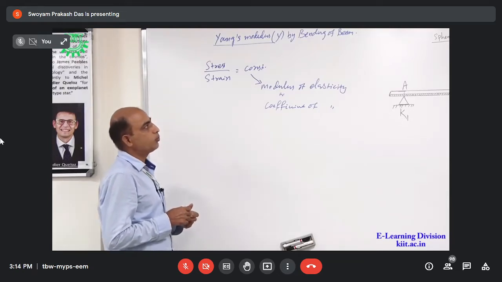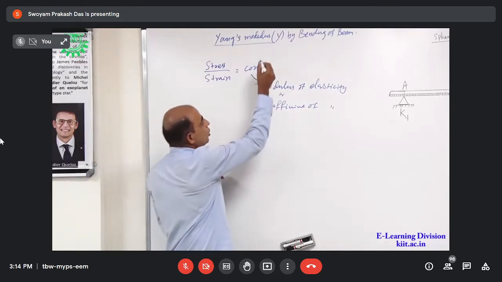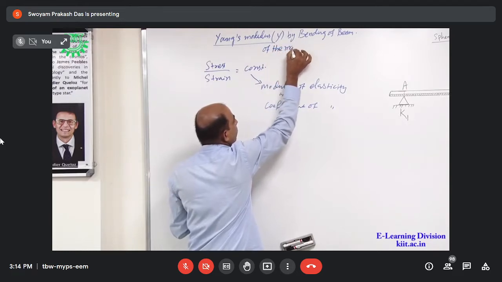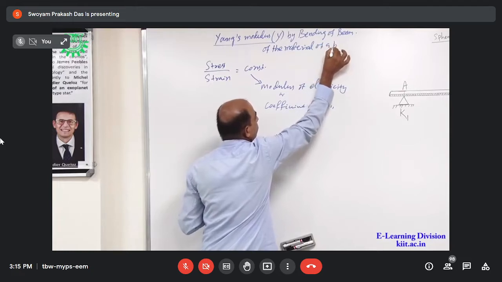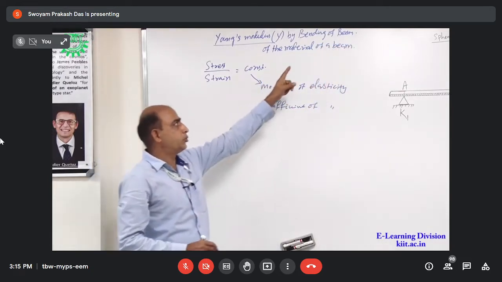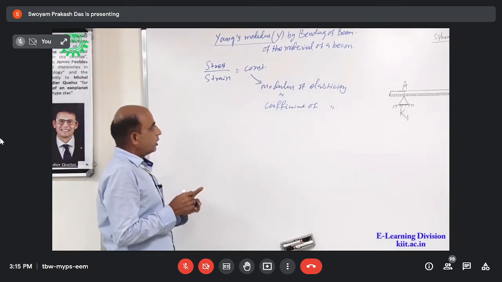So it is constant for a particular material. That is why we are finding Young's modulus of the material of a beam by bending it.